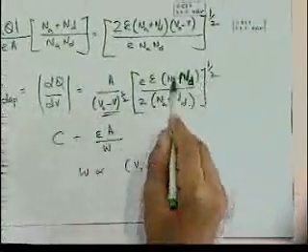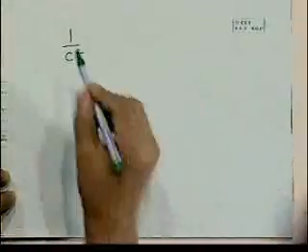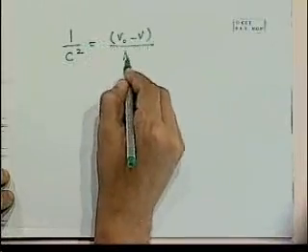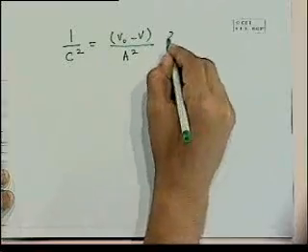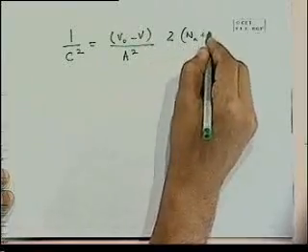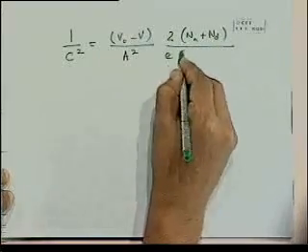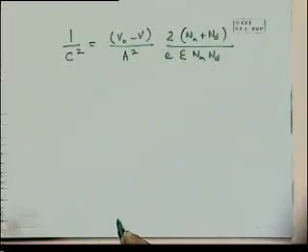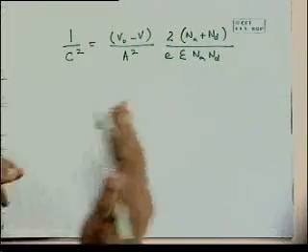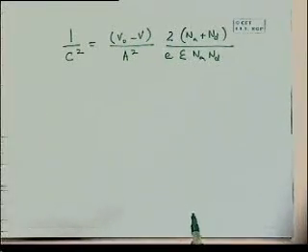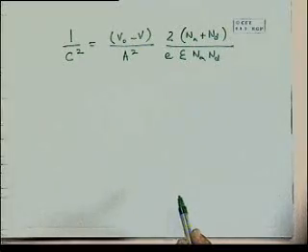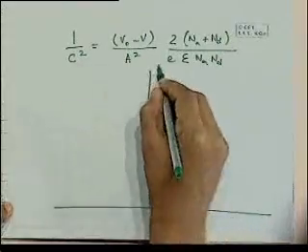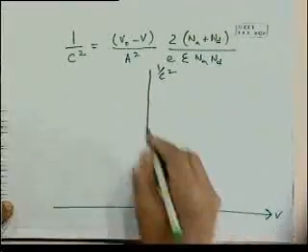If you write C squared and then take 1 by C squared, we will see that 1 by C squared is equal to (V naught minus V) by A squared, 2 (N_A plus N_D) by epsilon epsilon naught N_A N_D. Simply transposing it. Now what would happen if we were to plot 1 by C squared versus V?